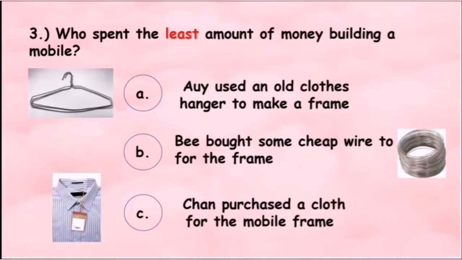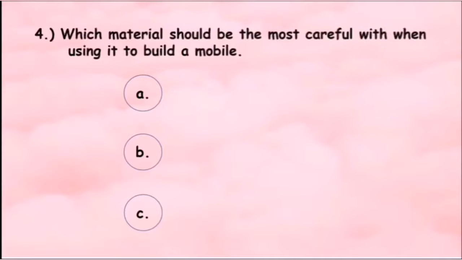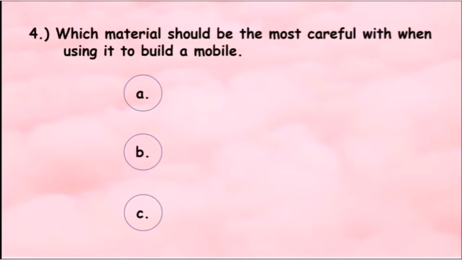Let's go to the next word. We have the word build. Build in Thai means, we also have the word careful. Careful means, okay, so let's proceed to our question number 4.